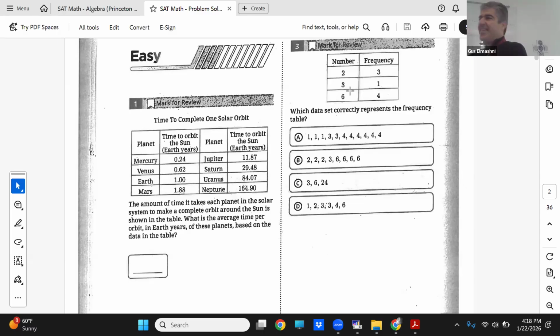It's the B. It shows up 4 times. So number 2 shows up 3 times, 3 shows up once, and 6 shows up 4 times. Yeah, so frequency, guys, is how often the number repeats itself. Look at how frequent it is, right? That makes sense. How frequent it happens.